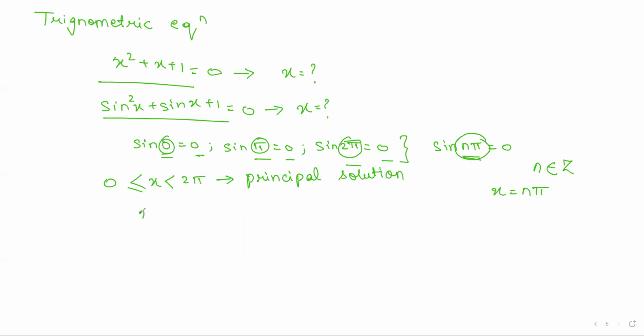If you represent your value of x in terms of an integer n, where n belongs to Z, then it is called a general solution.